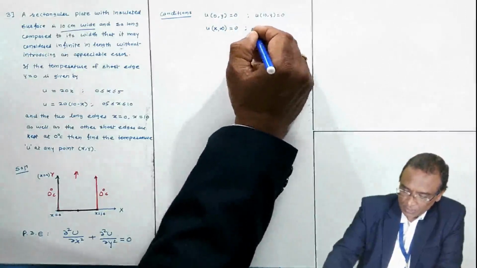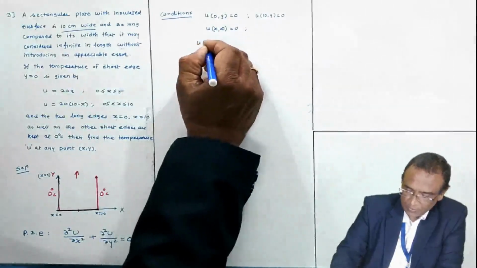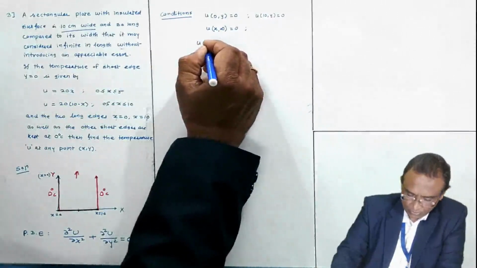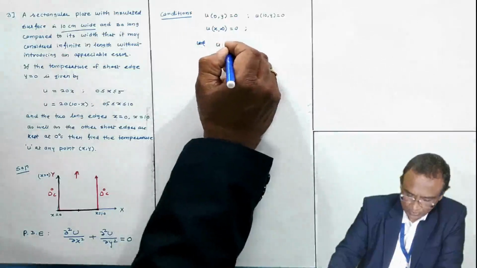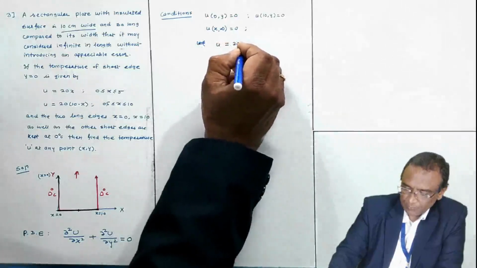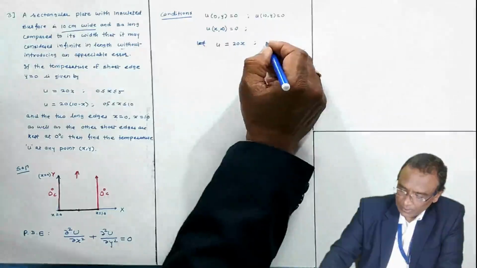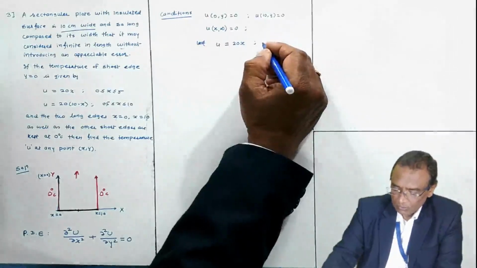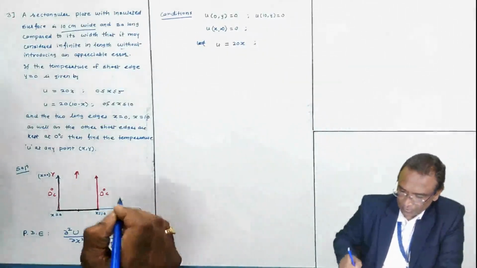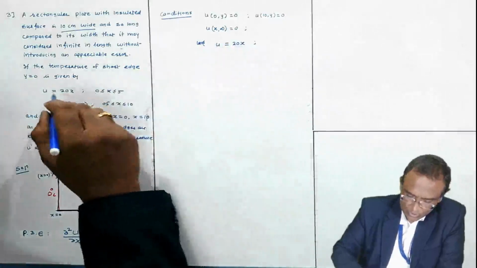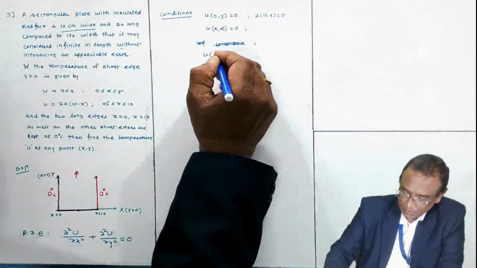And the last condition is given to you. Here I am writing u equals 20x for this much part of the sheet. I am writing it in this way because u is given for this one, so I am making it clearer.